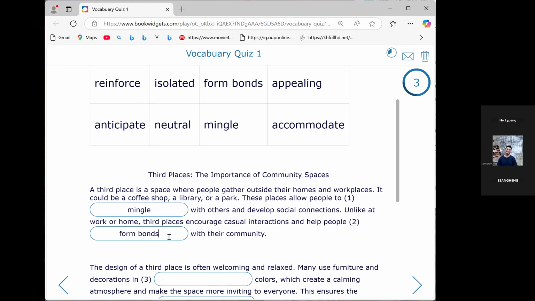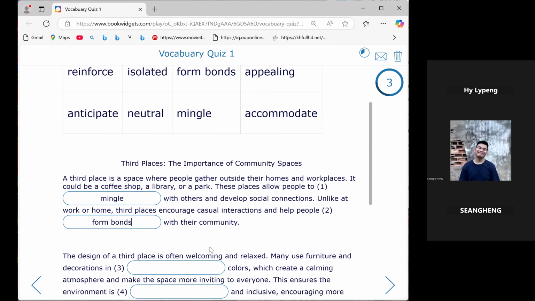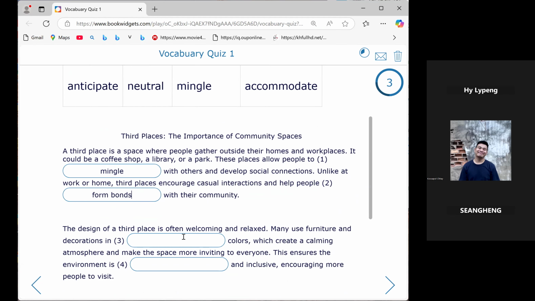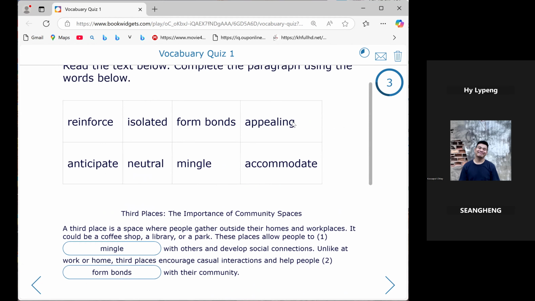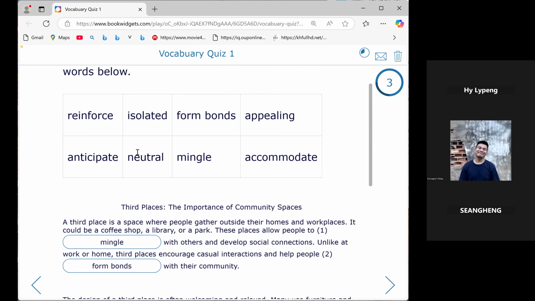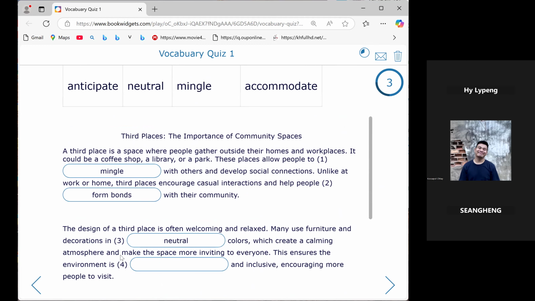Form bonds. The design separate of some community. Neutral color, yeah. Neutral color is great.